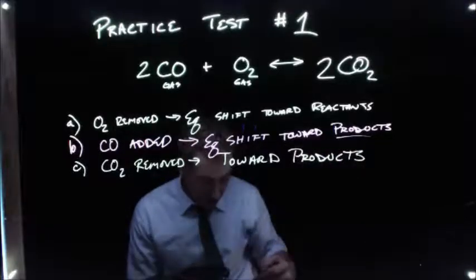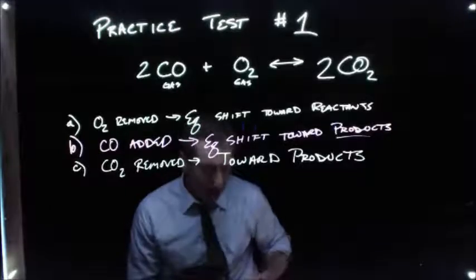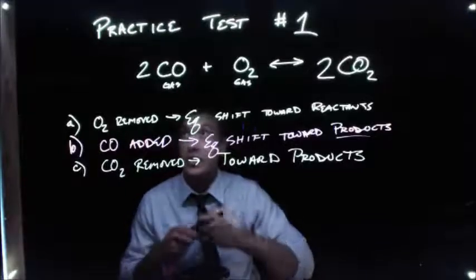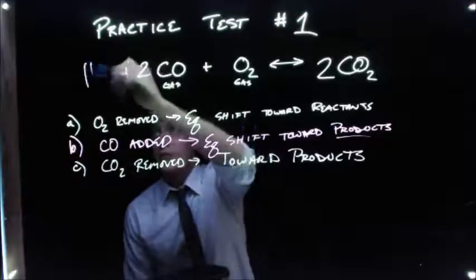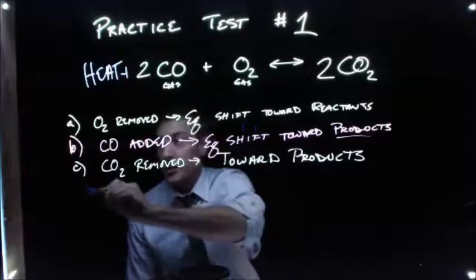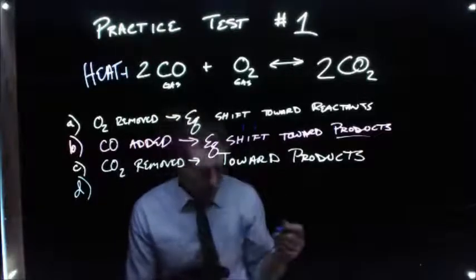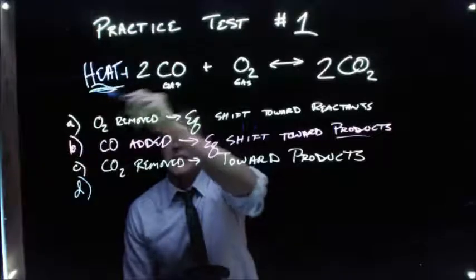All right, D, which way will the equilibrium shift if temperature is increased? And when I wrote the balanced equation, I did not include energy, and so we'll just say heat. Heat belonged on the reactant side. Increasing temperature would be the same as adding heat.